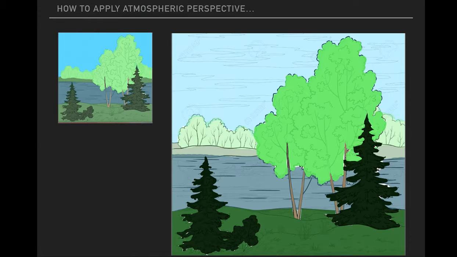Where you can see in the middle ground, the water now changes, the value changes, and then in the background, the value changes. Everything becomes lighter and less saturated. So now my eye is being pulled to the foreground and away from the background, creating this illusion of depth.